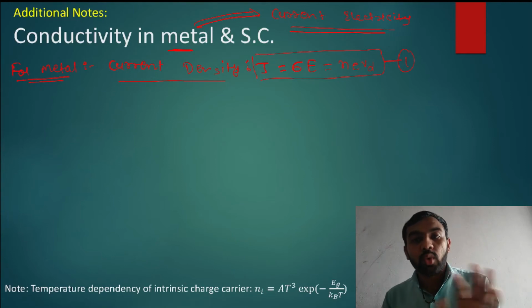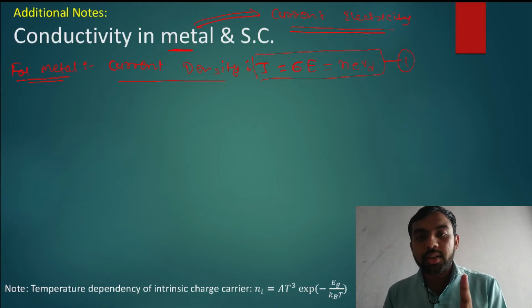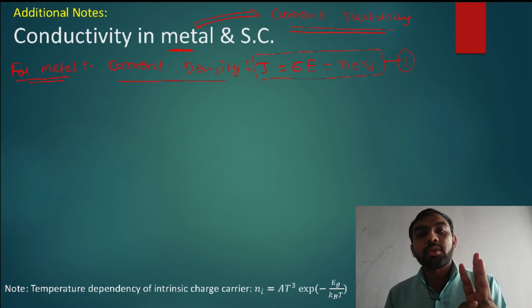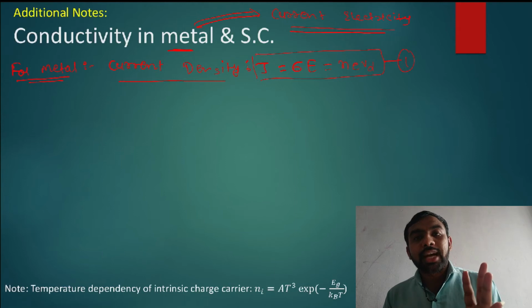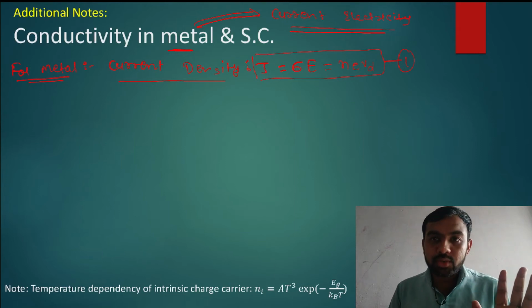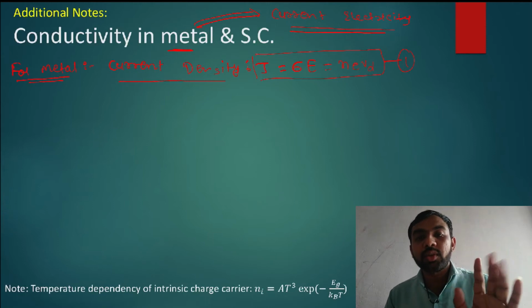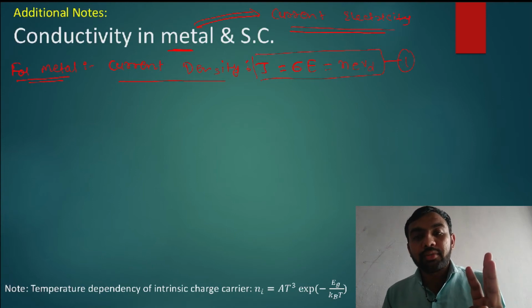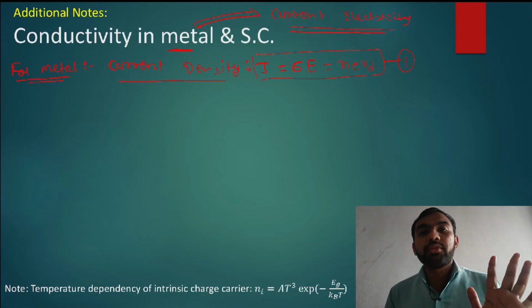All of you must note all these terms: J current density, sigma conductivity of the metal, E electric field, N number of charge carriers, e charge of the electron, and Vd drift velocity.